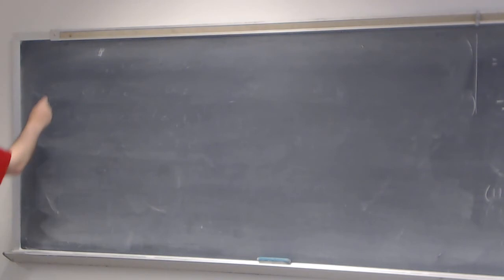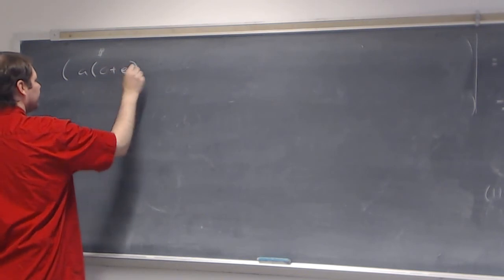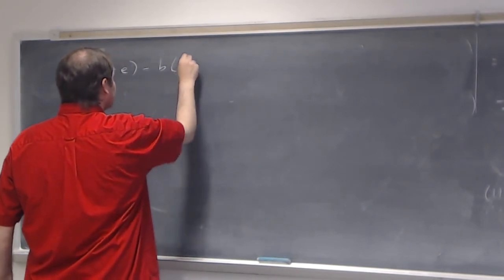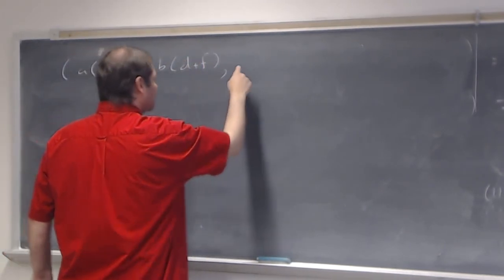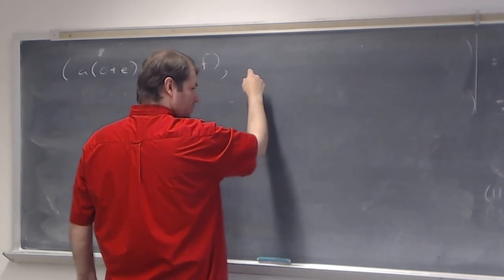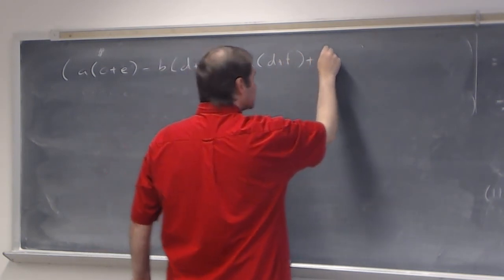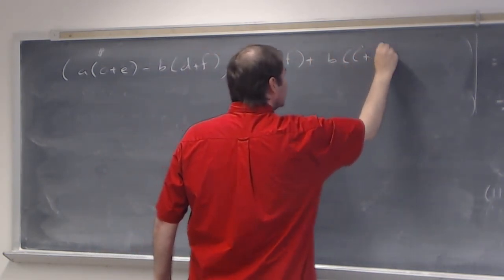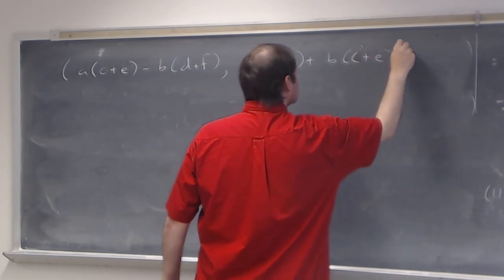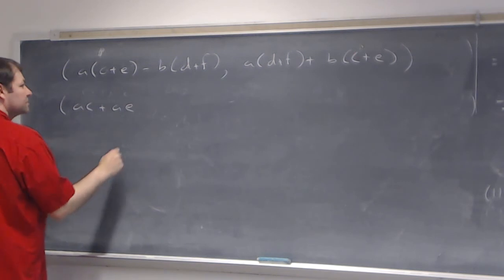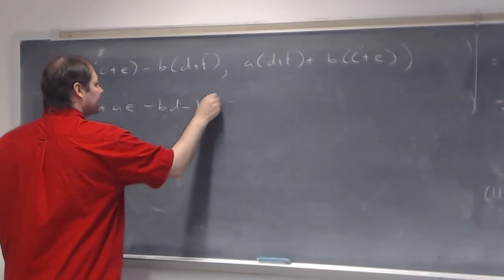Okay, and then this is going to be equal to A times C plus E minus B times D plus F, comma, then it's going to be A times D plus F plus B times C plus E. Now, this is equal to AC plus AE, using the distributive property, minus BD minus BF.